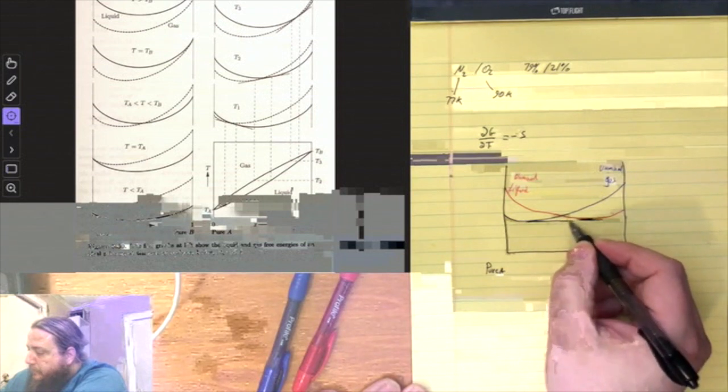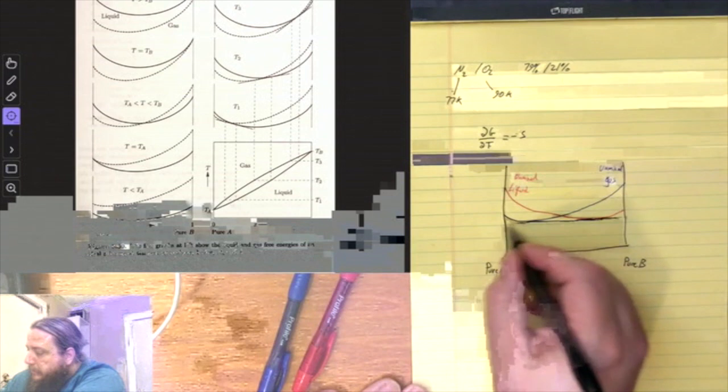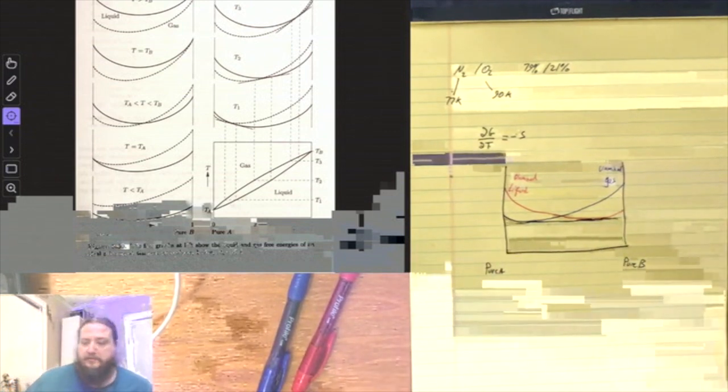Unmixed liquid and unmixed gas. But notice here that we can draw a tangent point where the tangent to the curve over here and the tangent to the curve over there are the same. In other words, we can draw a straight line between those two points.